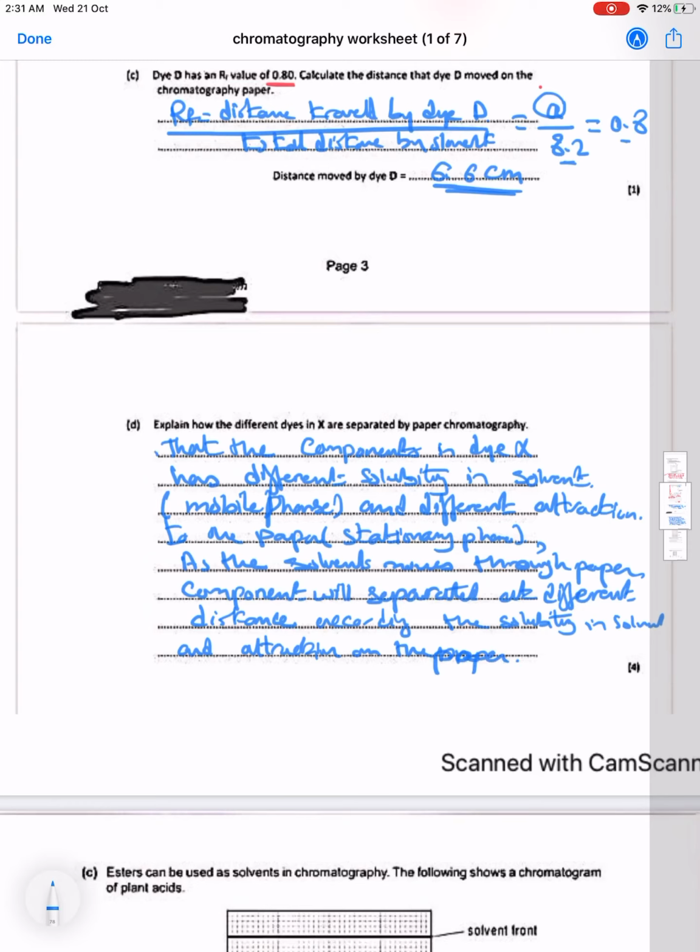Referring to the solubility in the solvent, you get 1 mark. Referring to the adsorption on the stationary phase, 1 mark. And referring to the other idea, that the solvent moves and every component will be separated at different distances, you get 2 marks. So this is how the marks are distributed on that question.